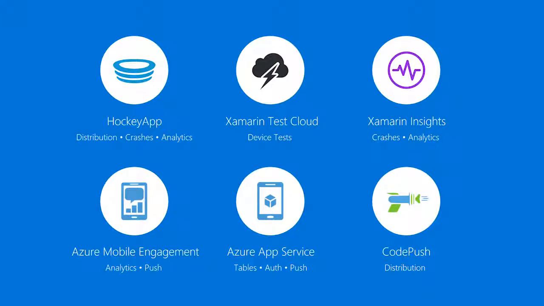To help address these challenges, developers will typically use a number of different tools at their disposal to meet each of their individual needs. Even here at Microsoft, we offer services like HockeyApp for distribution and analytics and crash reporting, Xamarin Test Cloud for automated device testing and UI testing, Azure Mobile Engagement for targeted push notifications and marketing campaigns. Managing each of these tools and working with all of them can become unwieldy over time, and that's why we built App Center.